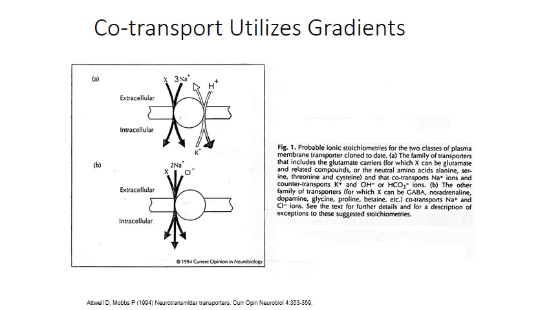So how do these co-transports look? For the SSS family, we have 3 sodiums moving from extracellular to intracellular down the sodium concentration gradient. Hydrogen moves in the same direction, which would be a symport, as well as the neurotransmitter moving with the sodium. The countertransport here is for potassium.